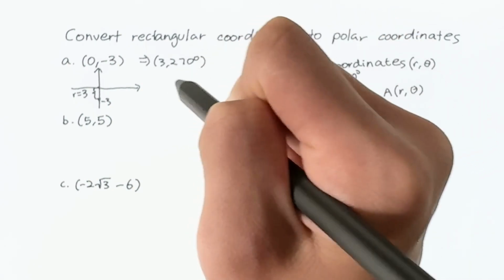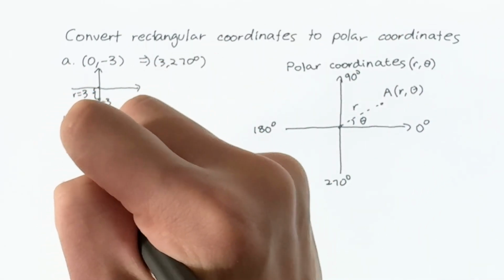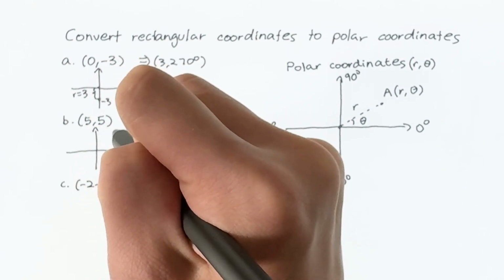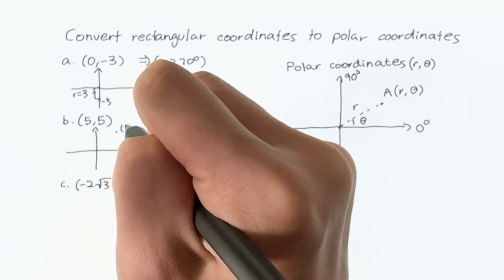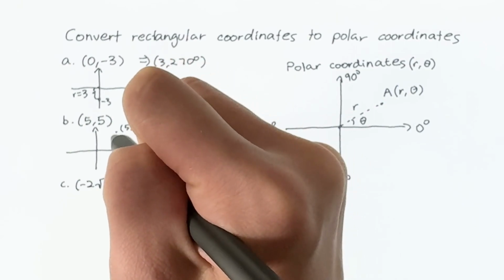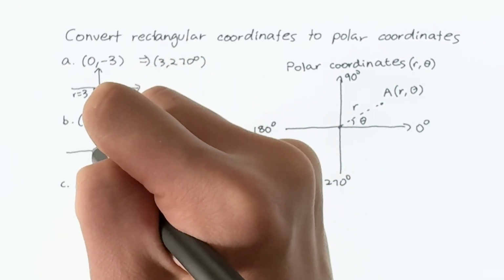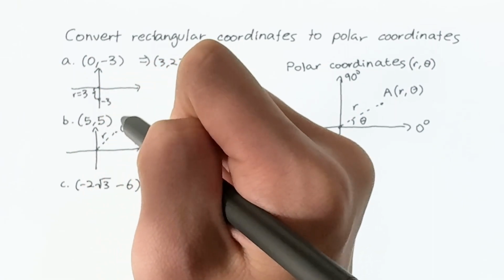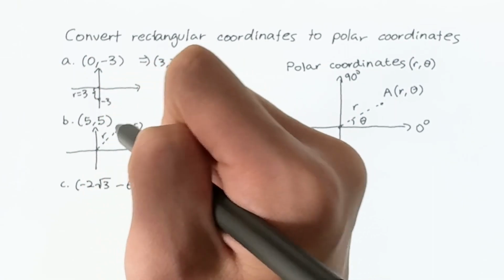Then, for (5, 5), we can use the same method. So we connect the point with the origin to find r. Now to find r, we have to use the Pythagorean theorem this time.